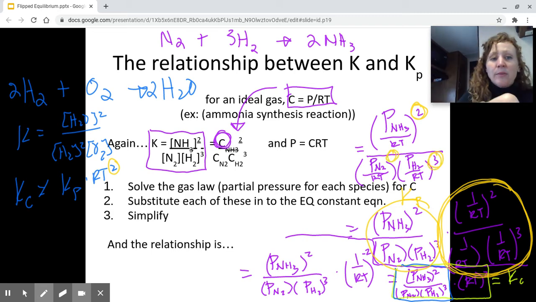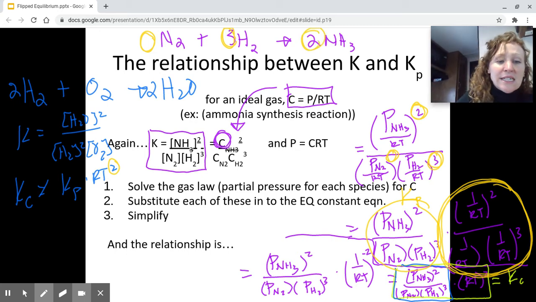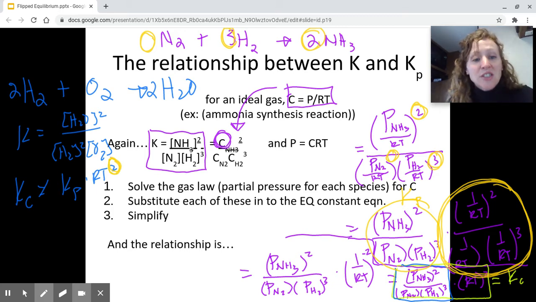They came from the equation. So this exponent portion of the RT is going to be dependent on the coefficients in your reaction. So can we write that instead of giving it a specific number like we did in the last example? Can we turn that into variables? What would that look like if they were variables?